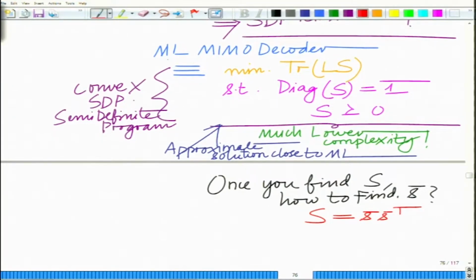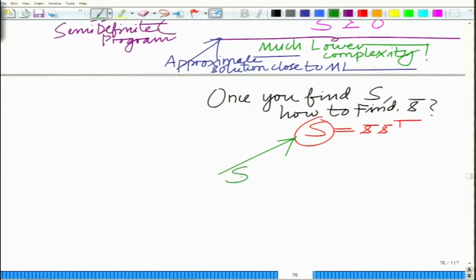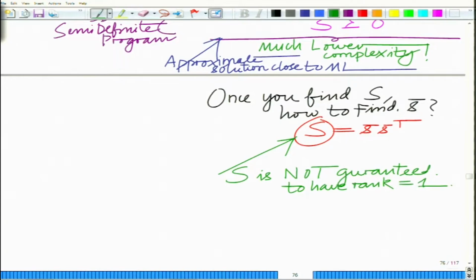S is not guaranteed to be a rank 1 matrix, of the form S bar S bar transpose.